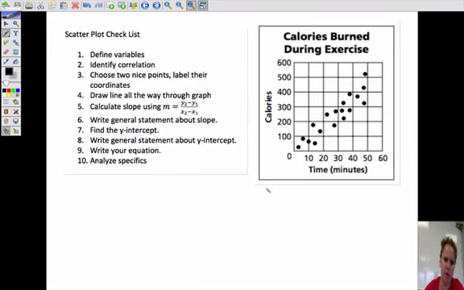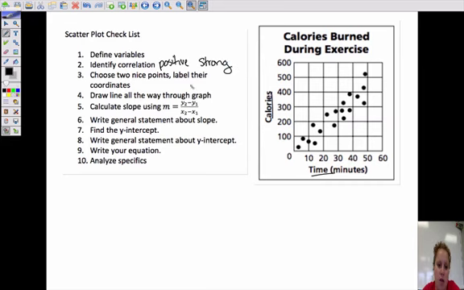Let's talk about this calories burned. And we've already done this one, so we can fly through this one, and you can look back in your notes. We're talking about variables time and calories. Why don't you think about what you think is the correlation? I think it's probably positive and strong.